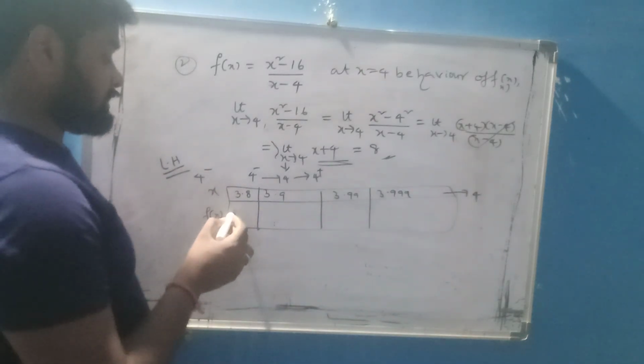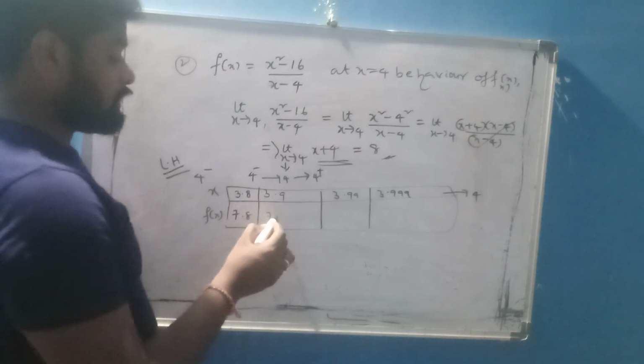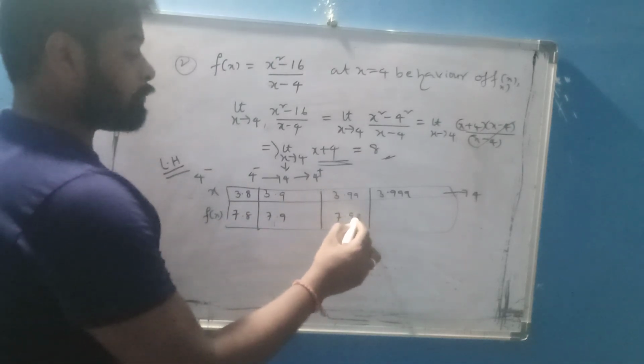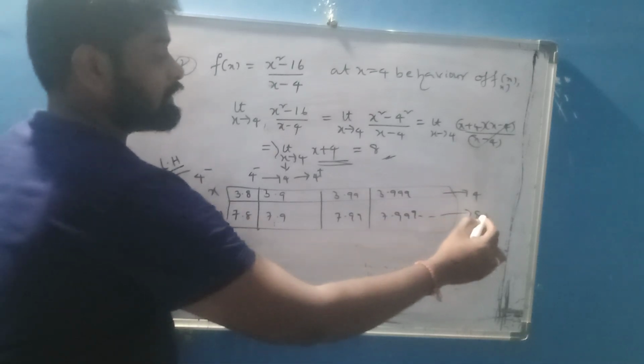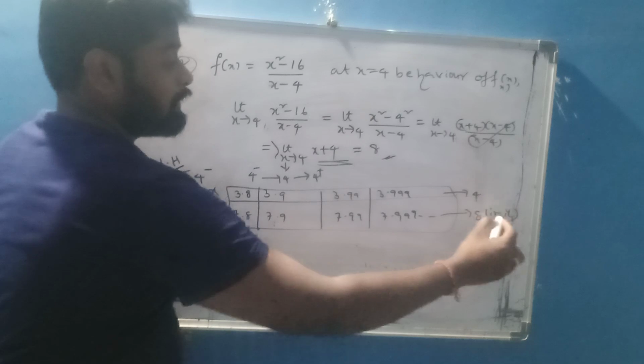Next, f of x changes: for the left hand neighborhood it is 7.8, 7.9, 7.99, 7.999, nearly equal to 8. This 8 is called the limit, or approximate value, at x equal to 4.